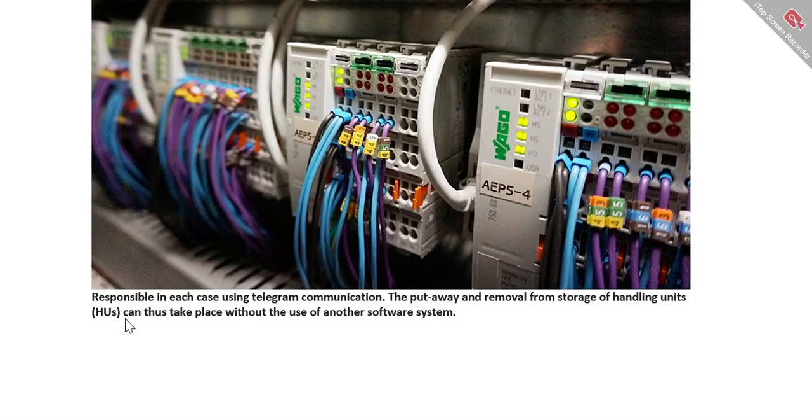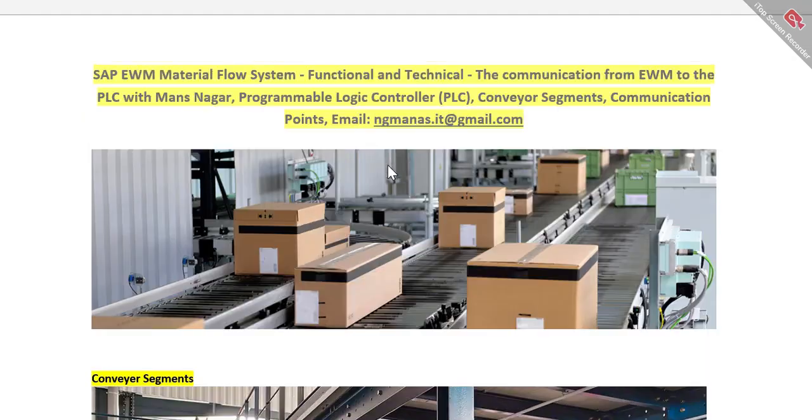So these are responsible in each case using telegram communication. Telegram means sending the message, receiving the messages. Put away and removal from storage of handling units can take place without use of another software system. It means they can handle everything. Very smart devices. That's why we call this an automation process where we don't need humans, for example.